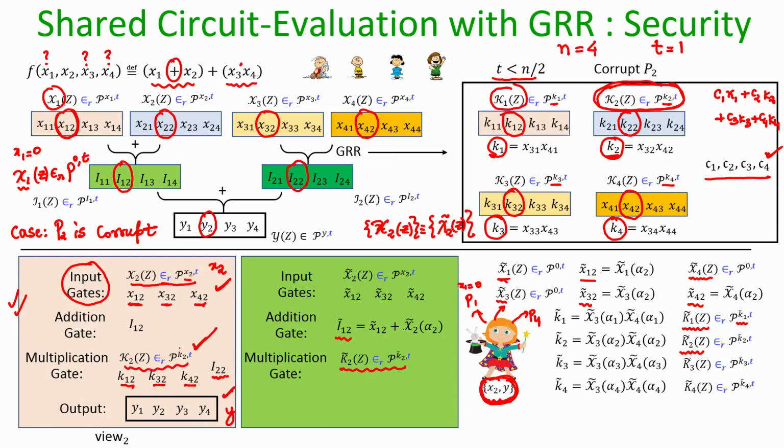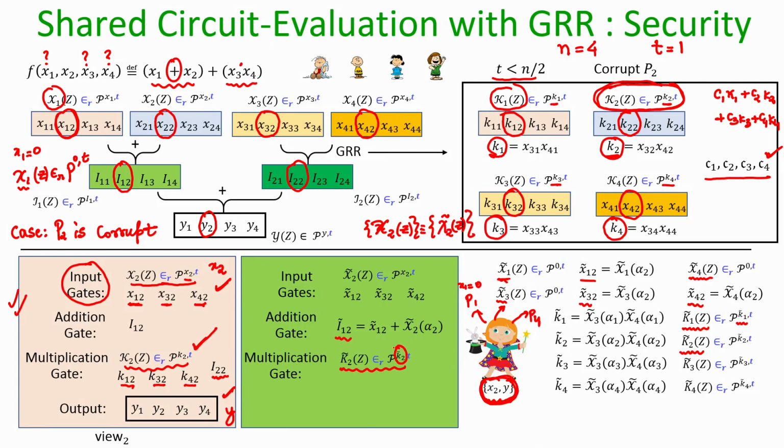Do not get confused that the values of k2 and k2 tilde are different. Yes, they are different, because it could be the case that the honest parties have actually participated in the protocol with x1 equal to 0, x3 equal to 0, x4 equal to 0, and that would have produced this simulated k2 tilde.